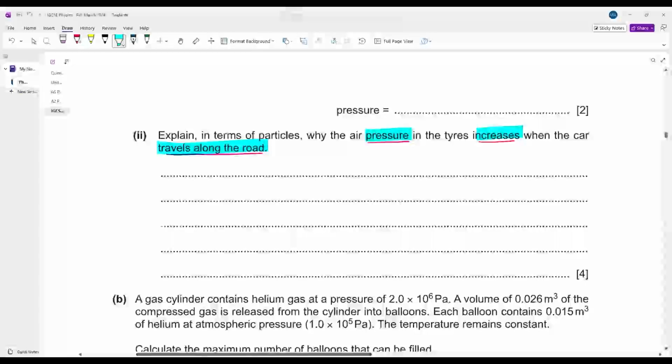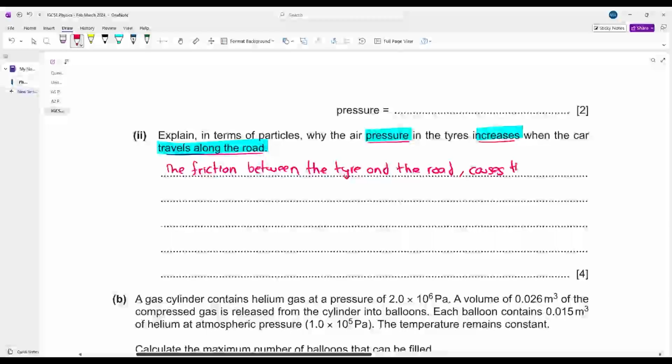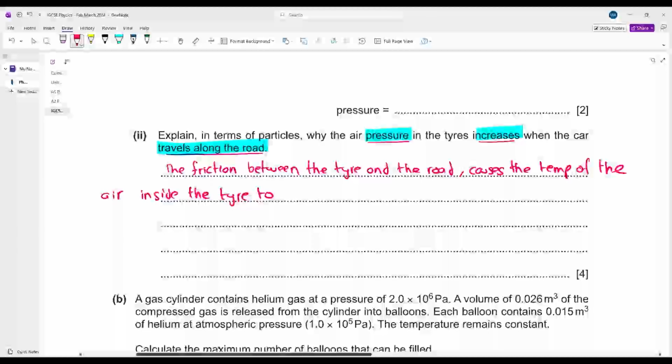So how will you write your answer? You will say the friction. Now I will write in a very small handwriting ताकि मैं सारी चीजें यहाँ पे fit कर सकूं. The friction between the tire and the road causes the temperature of the air inside the tire to increase.